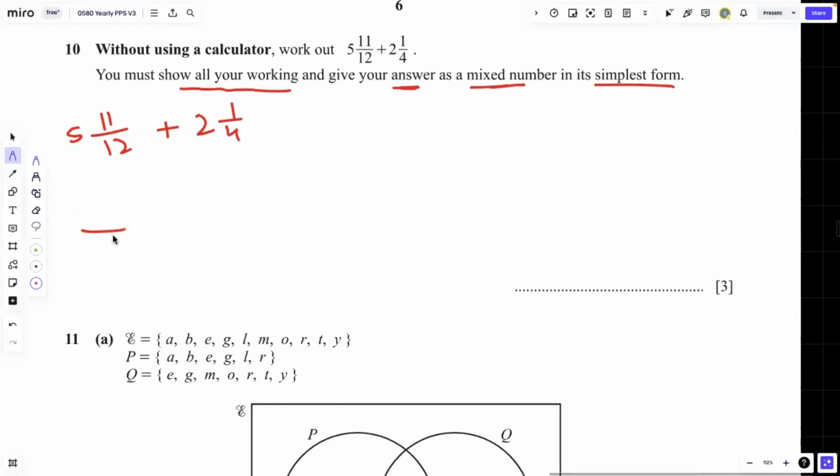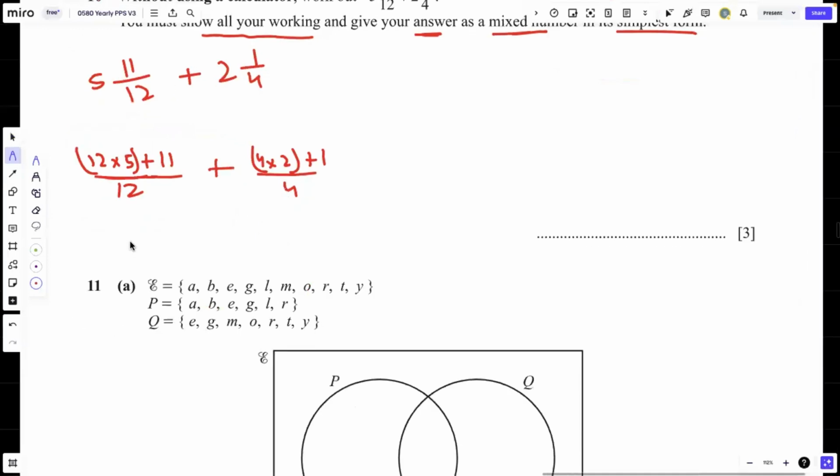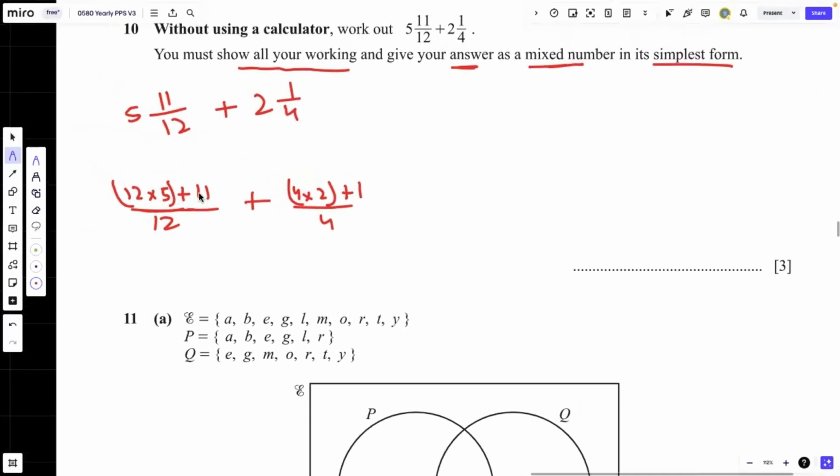The conversion rule is that the denominator remains the same, but for the numerator, you do 12 into 5, and whatever result you get, you add the number as numerator. Similarly, here it would be 4 remaining the same, and we do 4 into 2, and then add 1. This is going to give us 60 plus 11, that's 71 over 12. And this is 9 over 4.